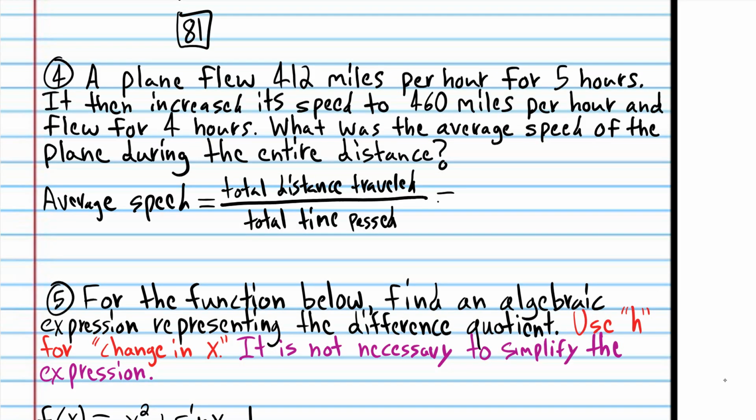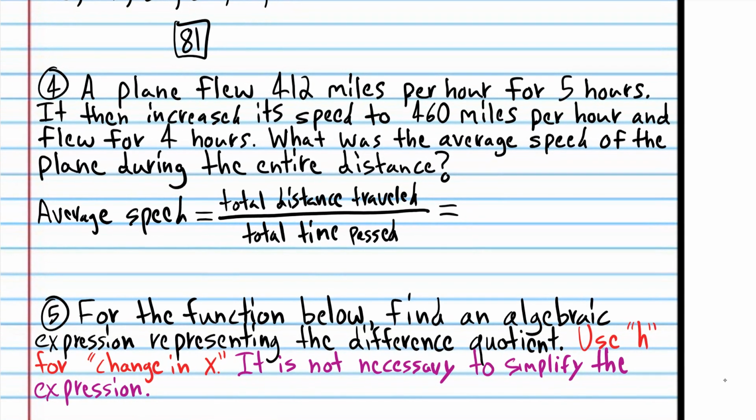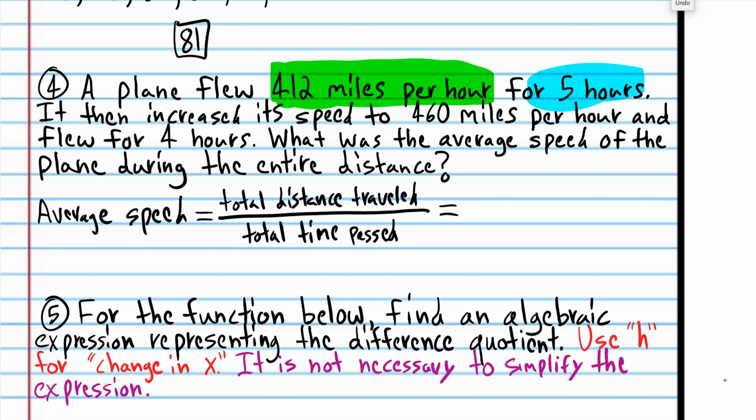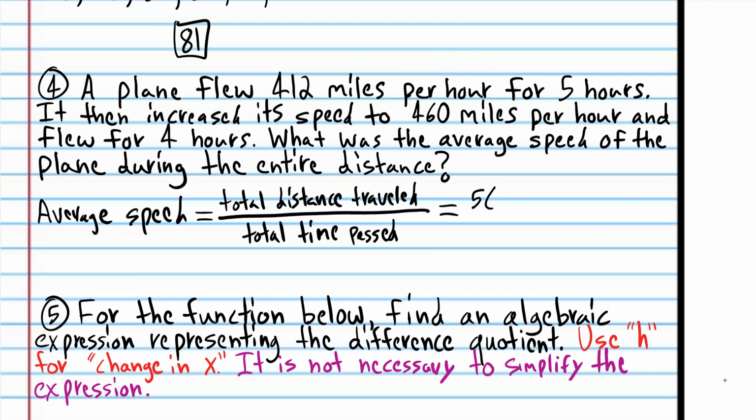So if we want to find the total distance, think about it this way. The plane is traveling 412 miles in 1 hour. That's what this green information tells us. The plane travels 412 miles in 1 hour. Well, the plane wasn't traveling for 1 hour, it's traveling for 5 hours. So what is the distance traveled in the 5 hours? Well, obviously it's just going to be 5 times 412. So that's the distance traveled during that first part of the flight.